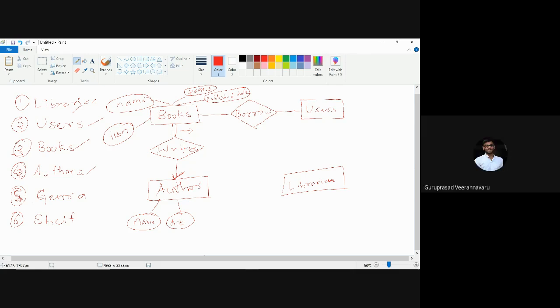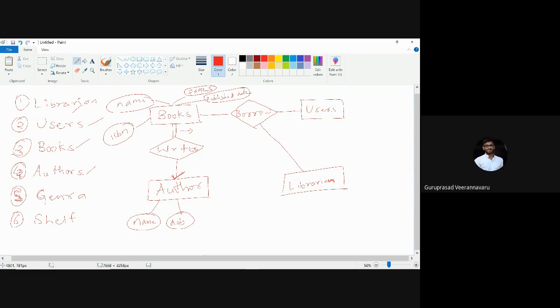So what will be the relationship? Book is borrowed by... Let's say we add this person also here only, okay? Can we say without a librarian you cannot borrow a book?